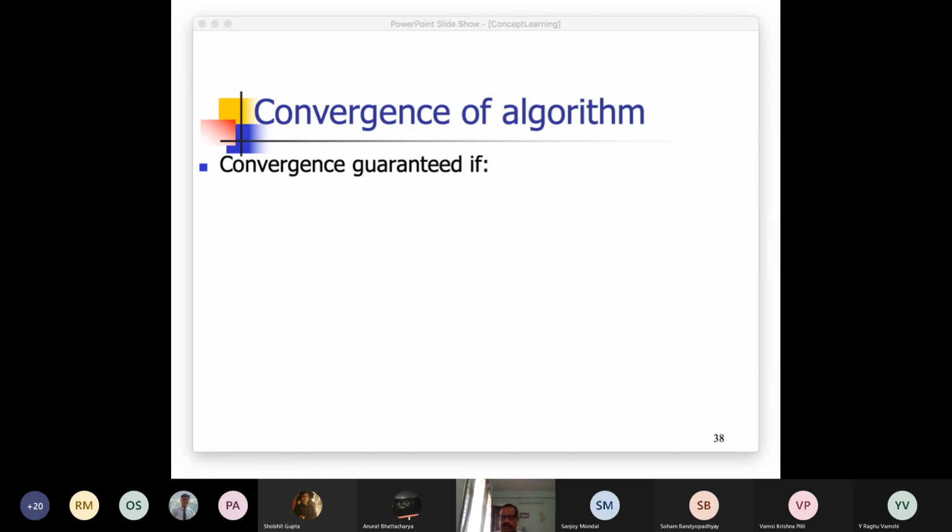We are discussing the candidate elimination algorithm for computing the set of consistent hypotheses given training examples. We have seen that in this case we keep two bounds in the version space.